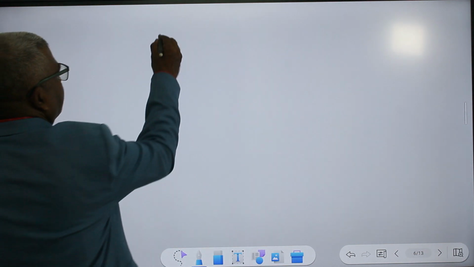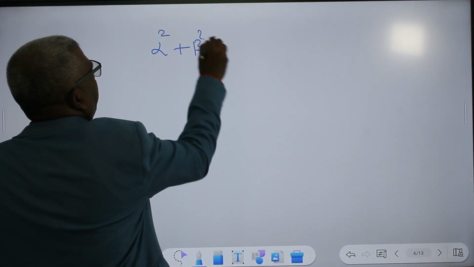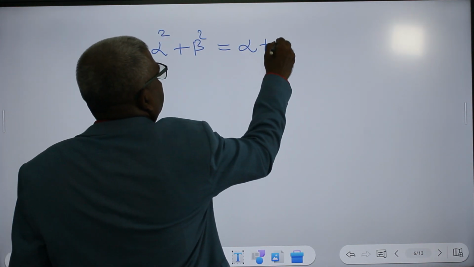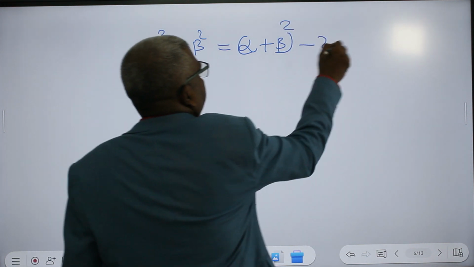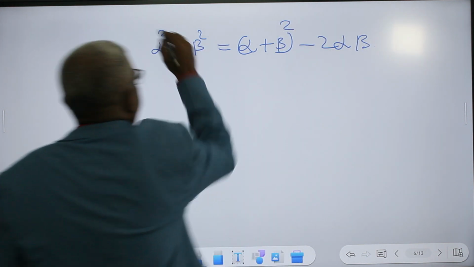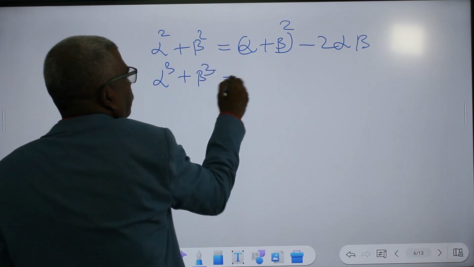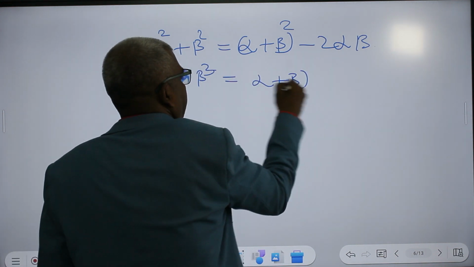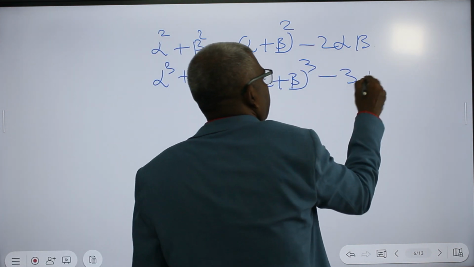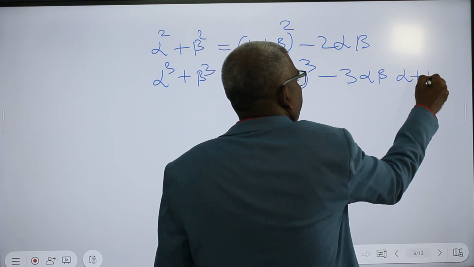how, suppose alpha squared plus beta squared, if it is there, how to make it into the alpha plus beta and alpha beta form. Alpha squared plus beta squared is alpha plus beta whole squared minus 2 alpha beta. If it is in this form, alpha cube plus beta cube is alpha plus beta whole cube minus 3 alpha beta, alpha plus beta.